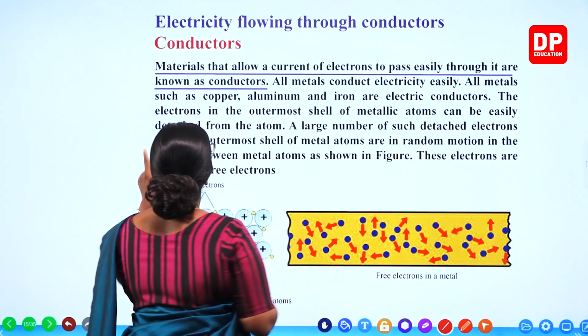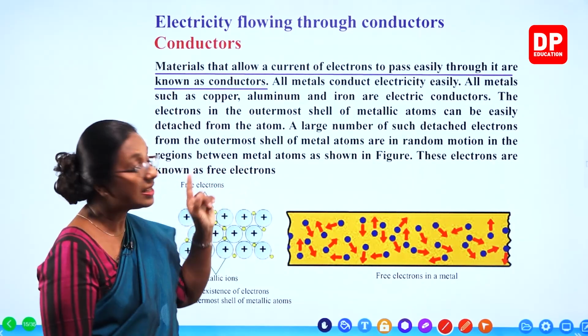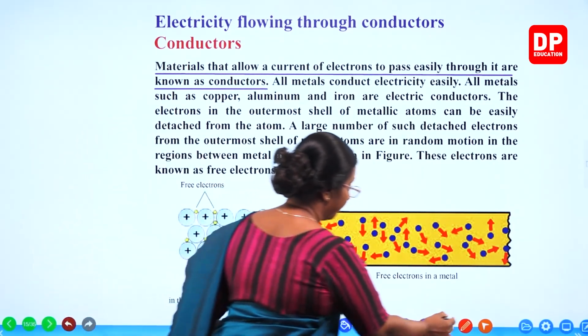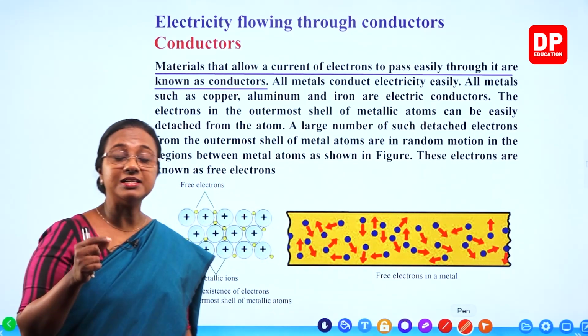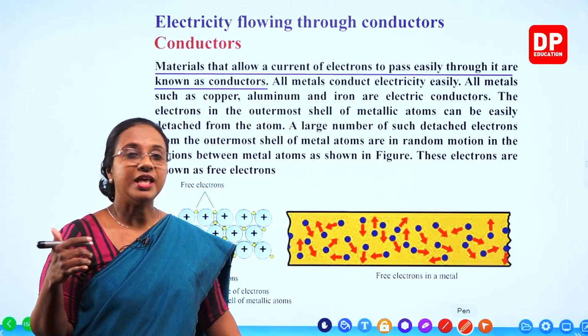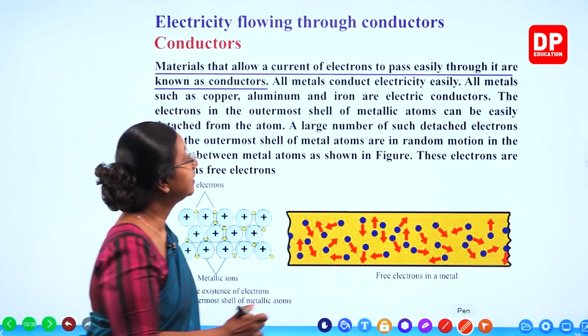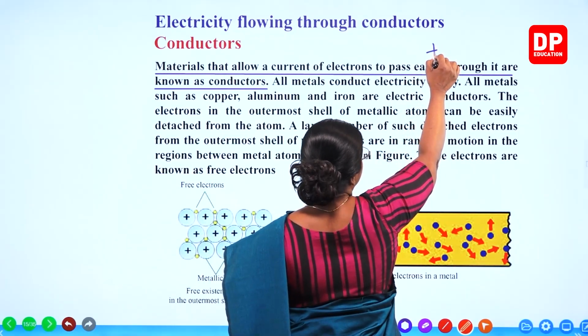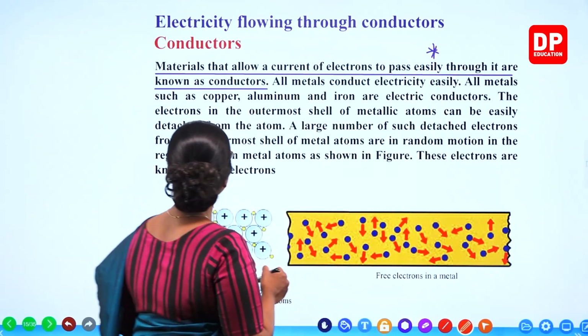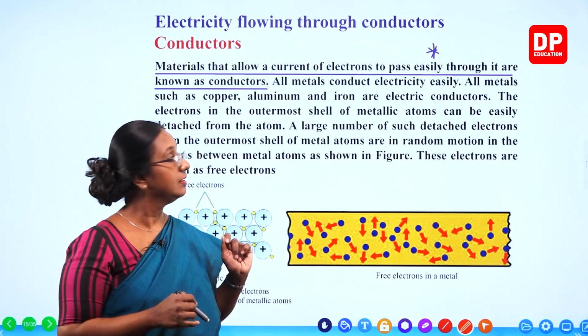Here, materials that allow a current of electrons to pass easily, that is important. There are some materials that allow current to pass but very slowly, and you can't consider those as good conductors. So if they allow electrons to pass easily, then we call it a conductor.